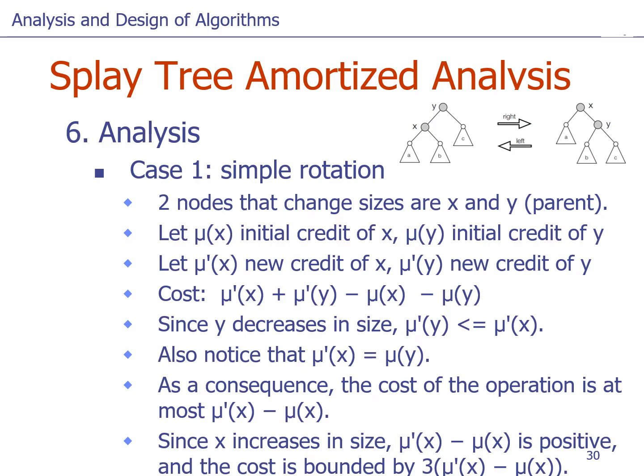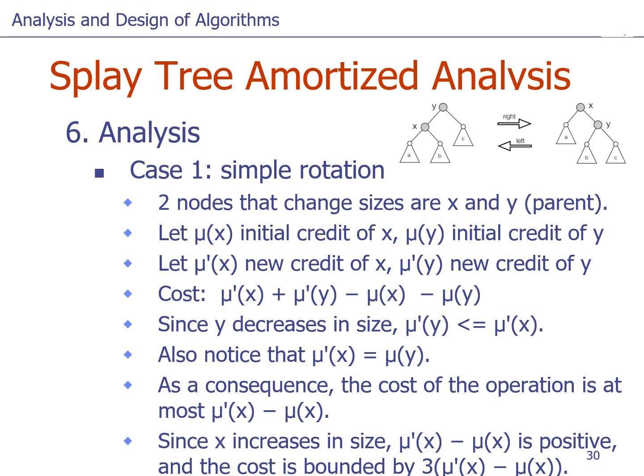Why am I doing it this way? I'm saying that the cost of display is going to be the current value of the bank account of X after I make it the root, and this is mu dash X. So that will be the new balance after I have pushed X upward.